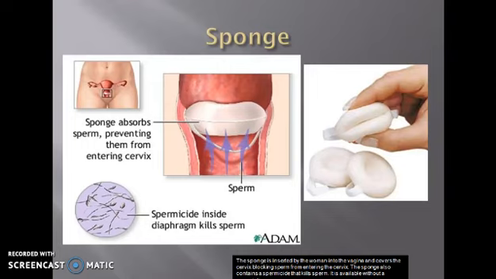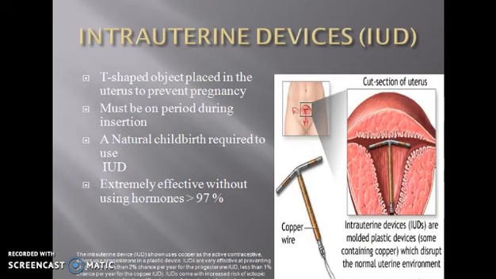So once you put it to cover the area of the cervix, it's going to absorb sperm and prevent it from entering into the cervix. So the spermicide inside kills sperm. When you put the spermicide there, it's going to kill the sperm.